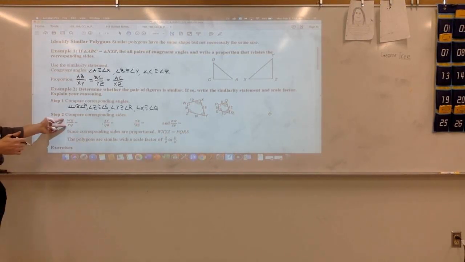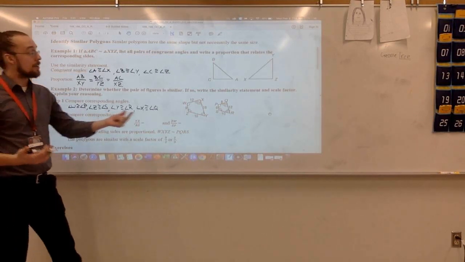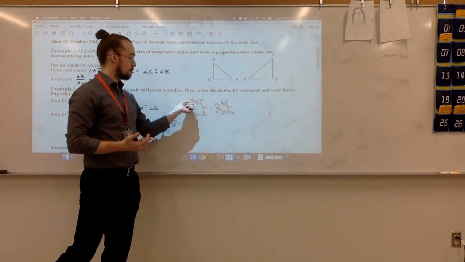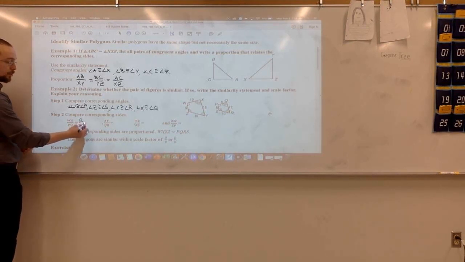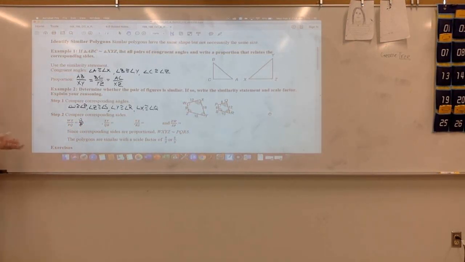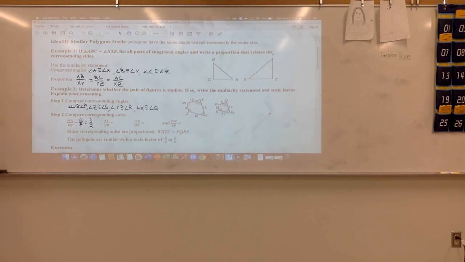The second thing we want to do is look at the actual numerical values of the proportions. If we compare corresponding sides, WX and PQ match up. So if I write the actual fraction of the sides, 12 over 8, and then reduce that as far as possible, 12 over 8 would reduce to 3/2. So that's the scale factor of WX to PQ.